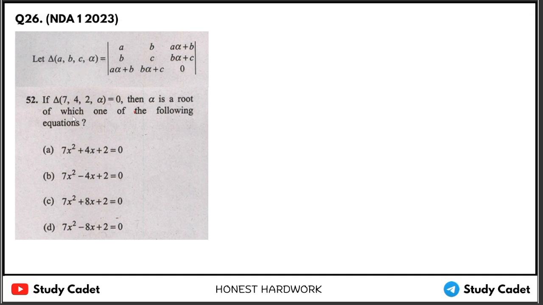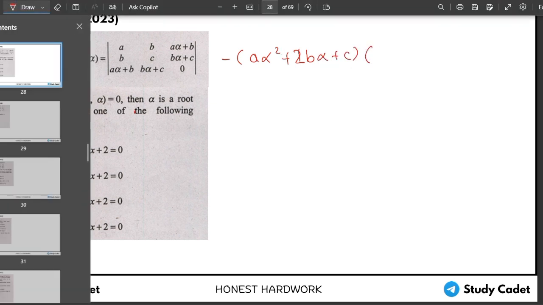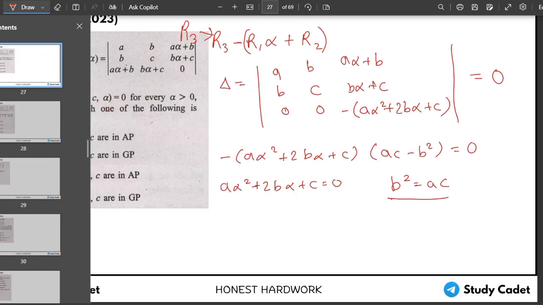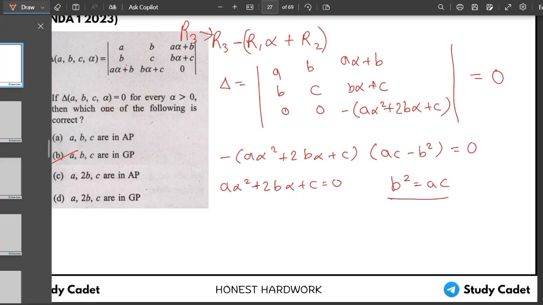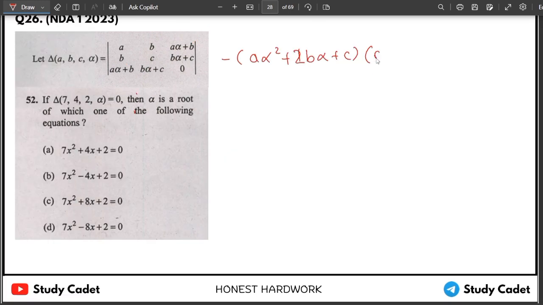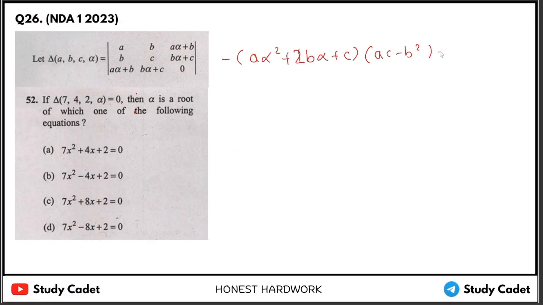Alpha is the root of which one of the following equations? Okay, we know that one equation was A alpha squared plus 2B alpha plus C, and the other was AC minus B squared equal to 0.